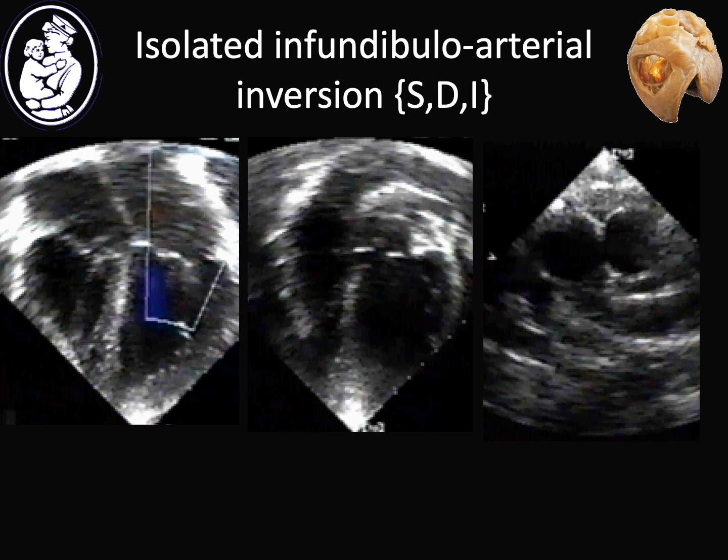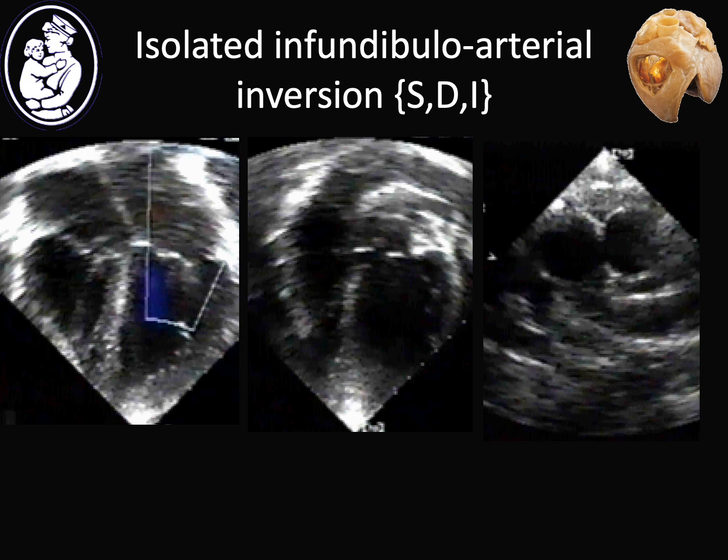In the middle panel, we see the outflows. The aorta is aligned with the left ventricle, while the pulmonary artery is aligned with the right ventricle. However, the aorta is posterior and leftward, while the pulmonary artery is anterior and rightward.